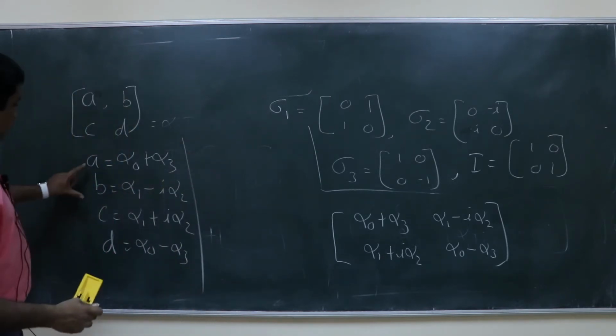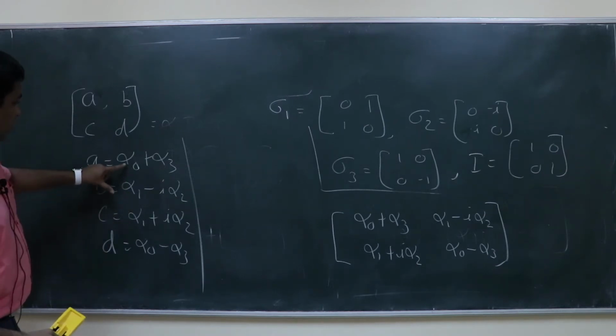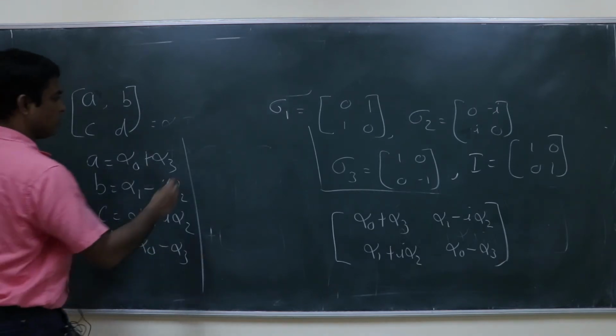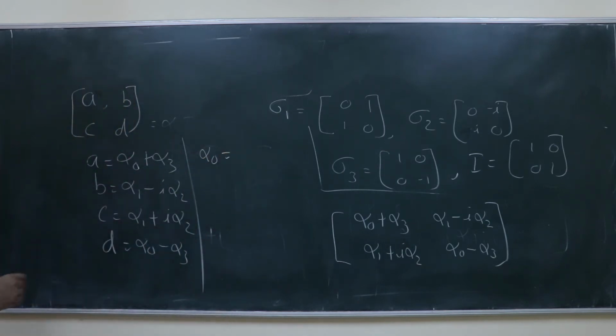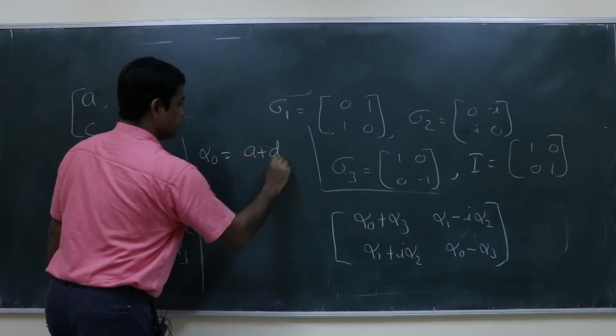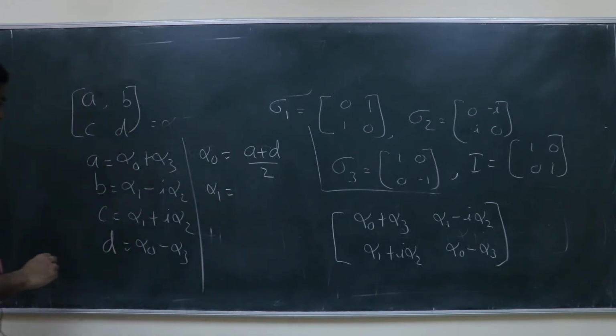So I can solve for alpha 0 and alpha 3 in terms of A and D. What is alpha 0 equal to? A plus D by 2. Then what is alpha 1 equal to?